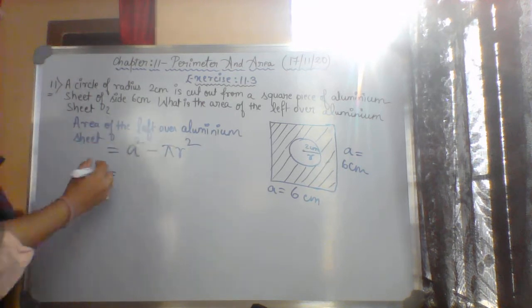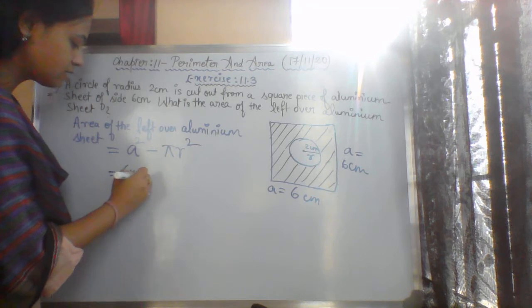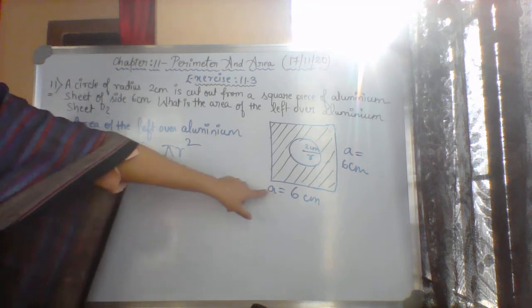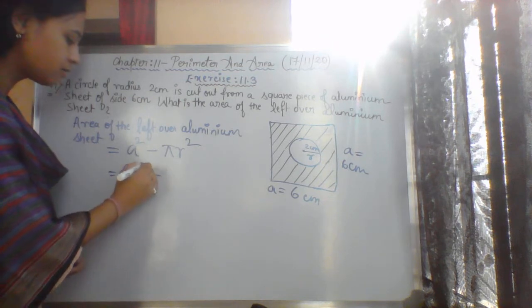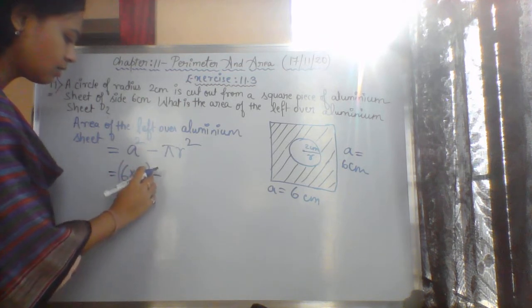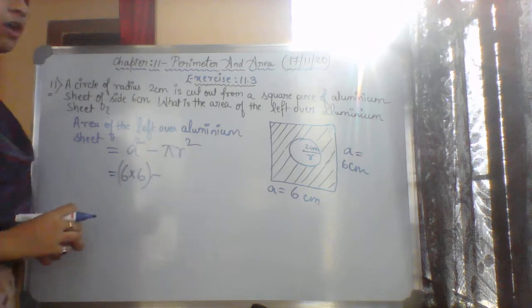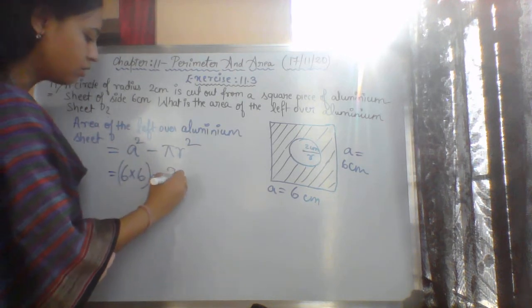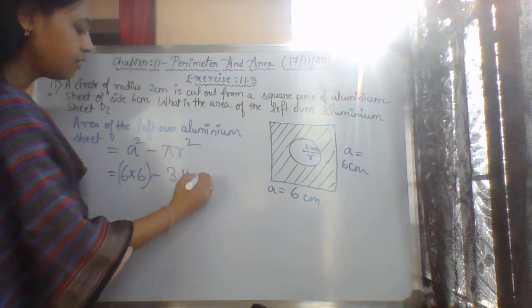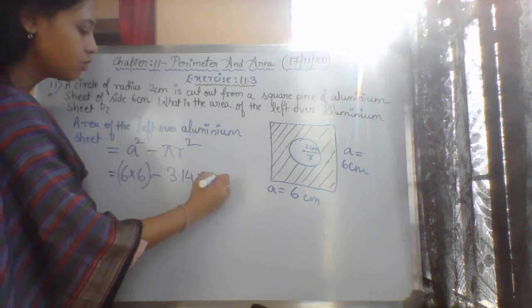Now put the values. So A square, the side of the square is 6 centimeter, so 6 into 6 minus pi r square. The pi value given in the question is 3.14, and r is 2 centimeter.